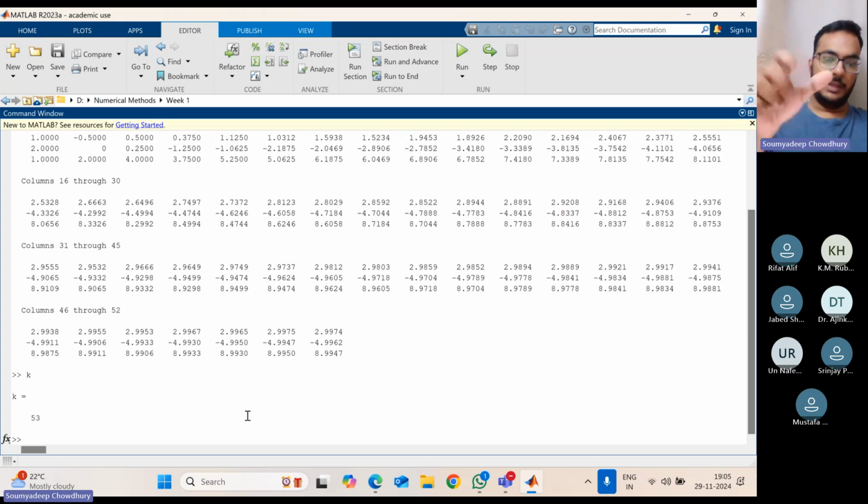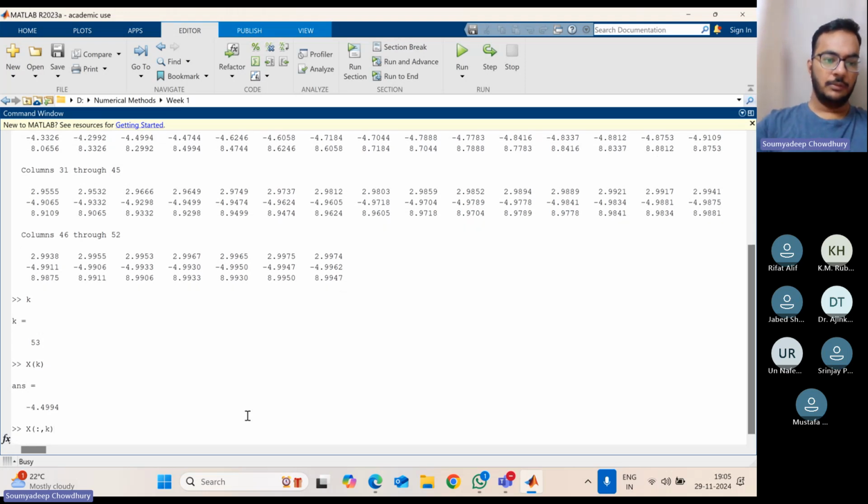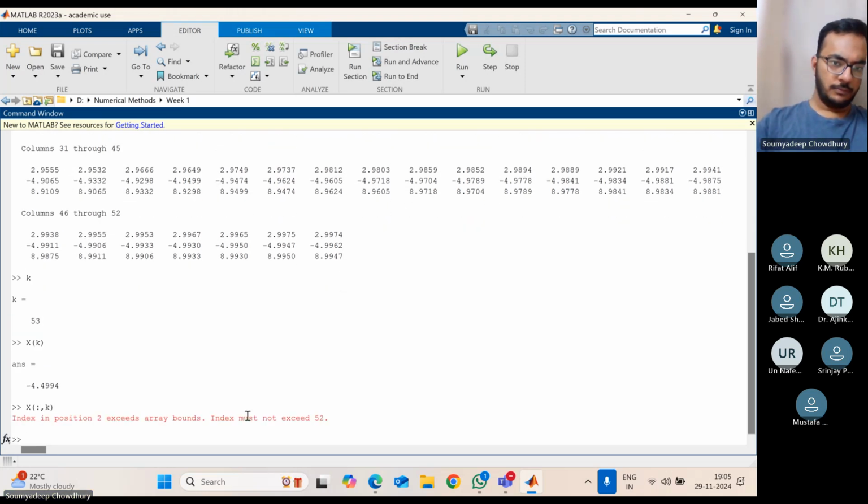So in the X matrix, it is basically 3 cross 53. That is 3 rows are there, x1, x2, x3. For every iteration, we have the values. So the final value is at the 53rd column. That is x of k we need to find out. X of colon comma k.